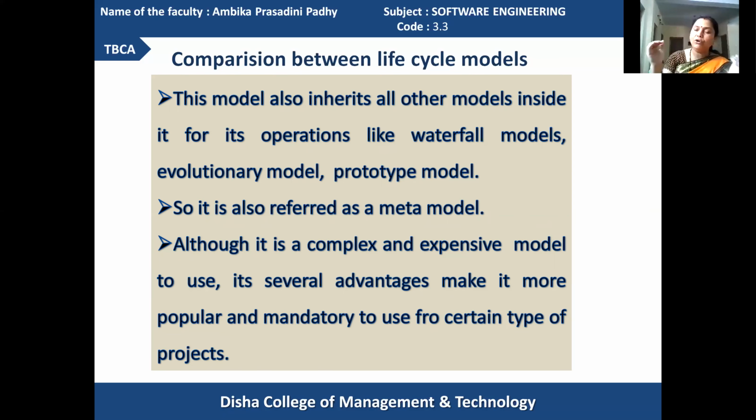When there are unknown facts and they need to be converted into known facts, then the prototype can be used. So the past benefits are collected and used inside the spiral model in order to prepare effective software.